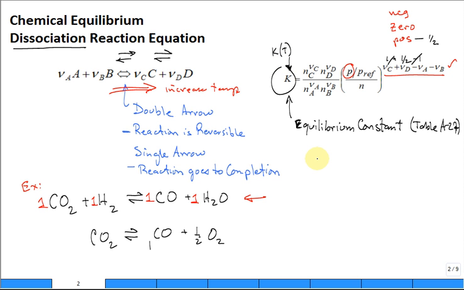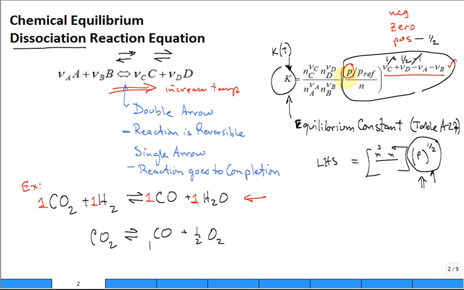The left-hand side doesn't change in value. The right-hand side is a product of these n's to the power, but with this P to the 1/2. So if P goes up, doesn't this go up? Doesn't that, what I just circled, this term right here, go up if pressure increases because of the positive 1/2? So if this is constant and this goes up, what does this have to do?